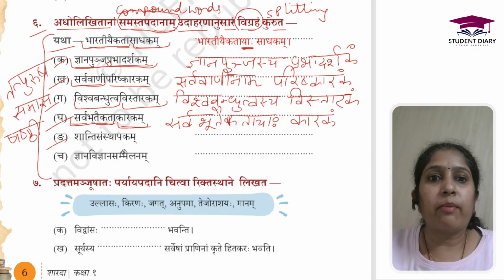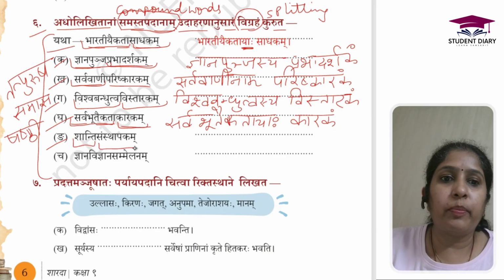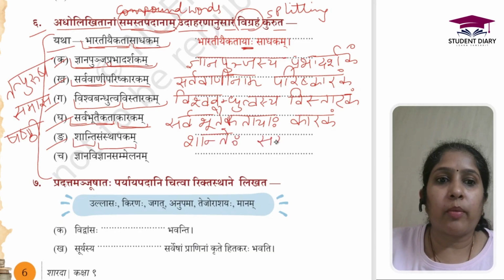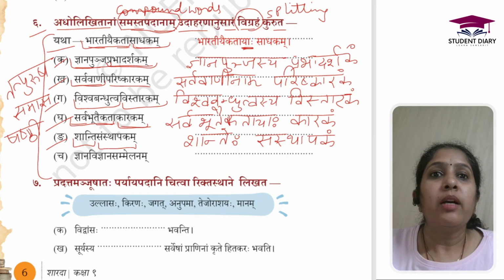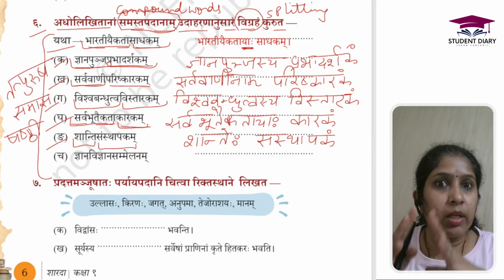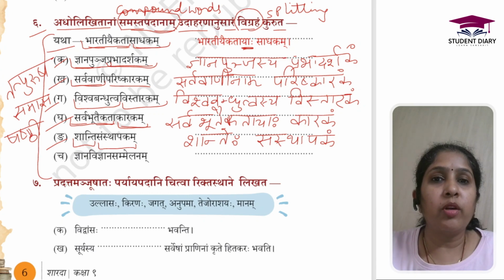Sanstapakam means establisher. Establisher of what? Of peace. So we will use the Shashti Vibhakti of Shanti. For this, you should know the Shabdrups properly. If someone does not know the Shabdrups properly, it will be very difficult. Now that you have come to ninth grade, you should know all the different kinds of Shabdrups.